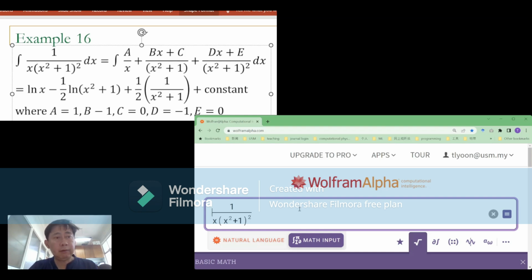To instruct Wolfram Alpha to give me the expression for the sum of its partial fractions, I simply type partial fraction. Whether there is an s or no s, and whether there is a space between partial fraction and the expression, Wolfram Alpha was still able to interpret the input correctly.